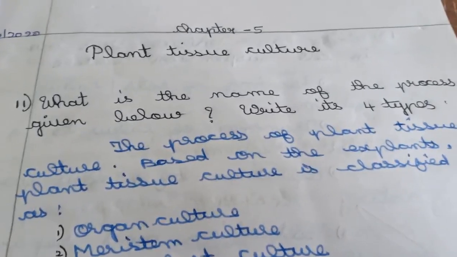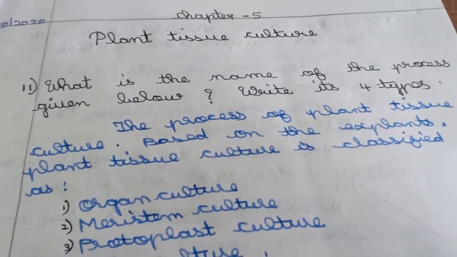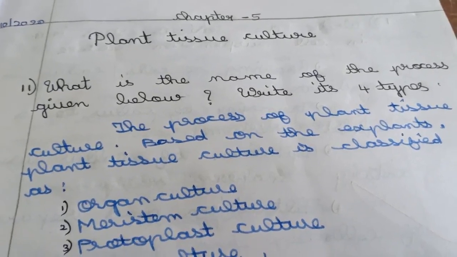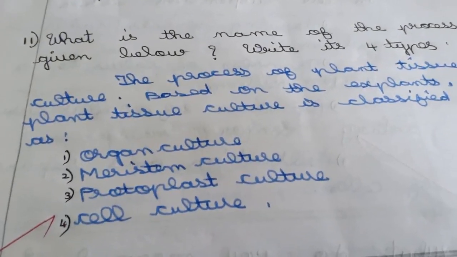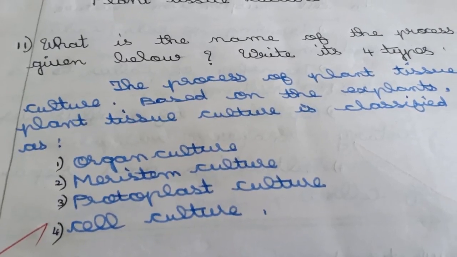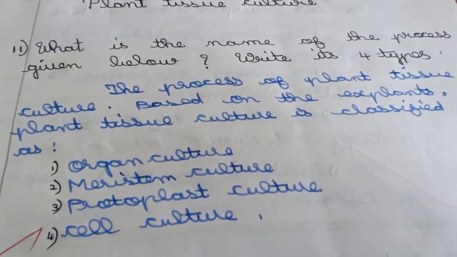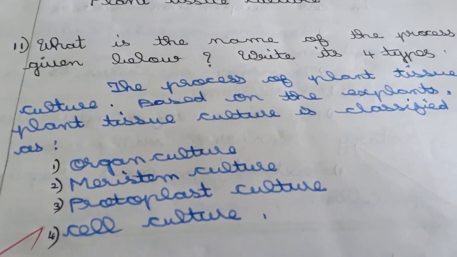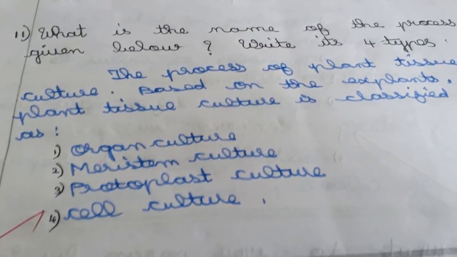The process is called plant tissue culture. That is the answer for the first question. The types, organ culture, meristem culture, protoplast culture, are the answers for the second one. Write its 4 types. Okay, you have to write 2 answers.